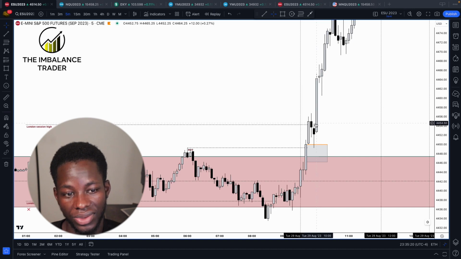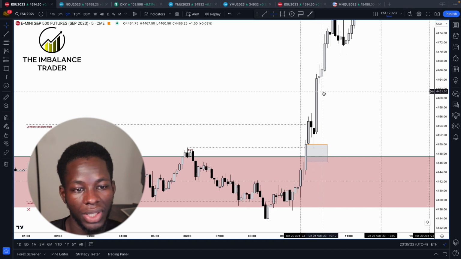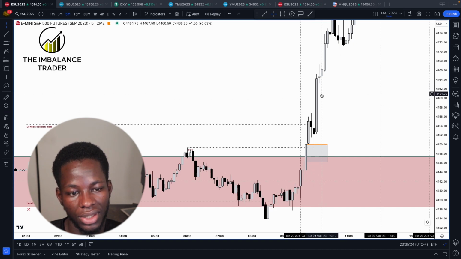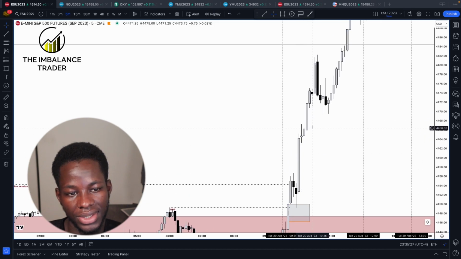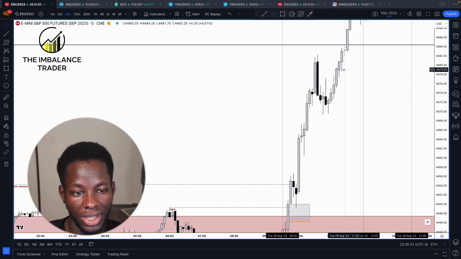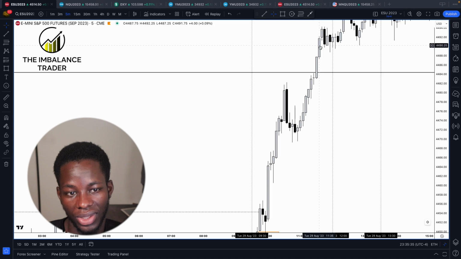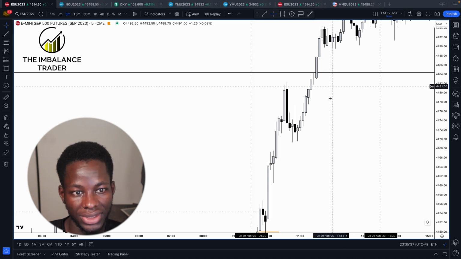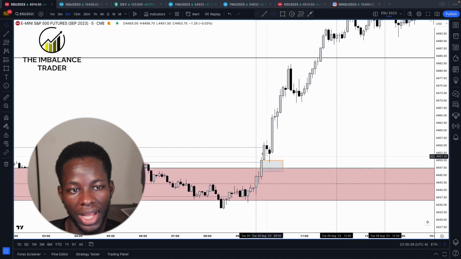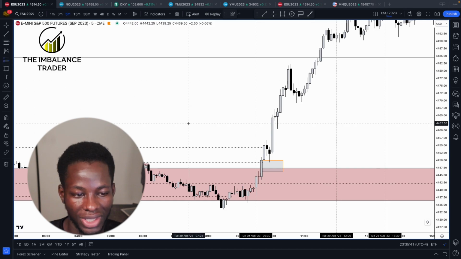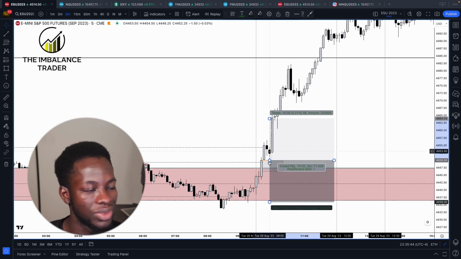And then the second entry, in the second fair value gap, comes in here at 10:10, which is a silver bullet, and it trades up into it at 11:25. Exactly at 12 we have the last high candle before the consolidation. So that could just be the trade for the day.